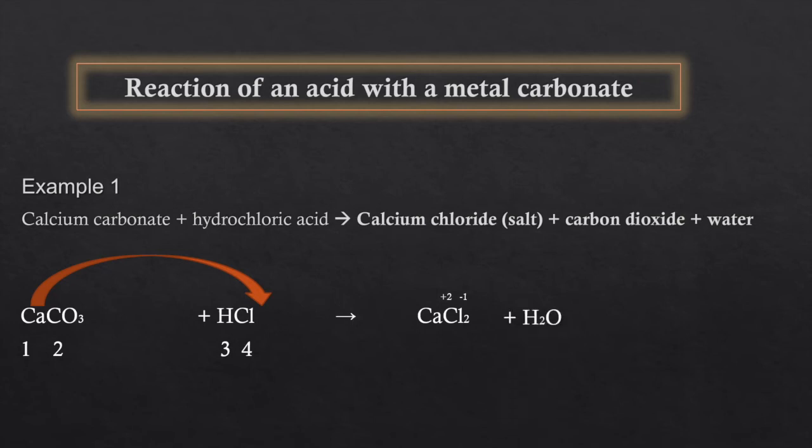Our other two products are then water and carbon dioxide. The way in which we get these formulas is by writing out H and O and C and O, and we are crossing over the valencies as well. But as long as you remember that it's carbon dioxide and water.